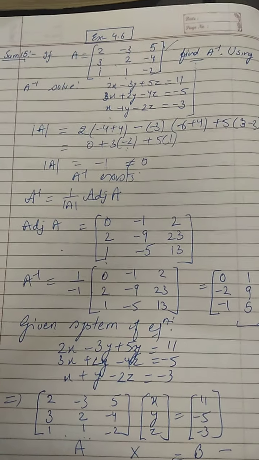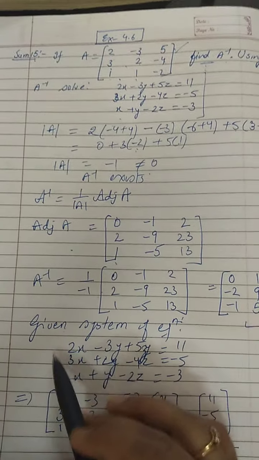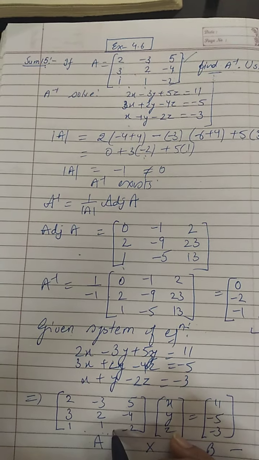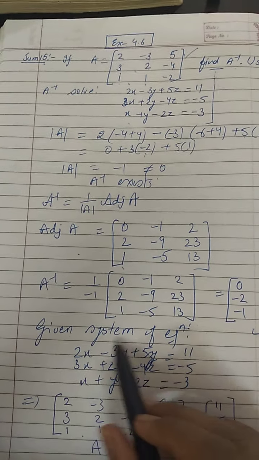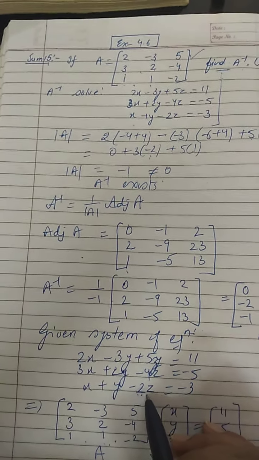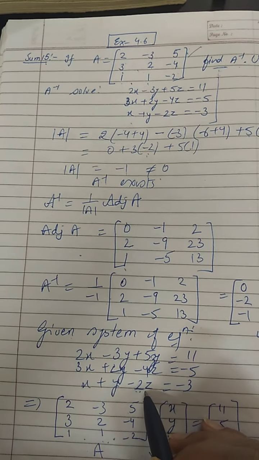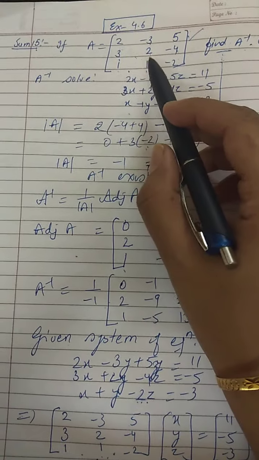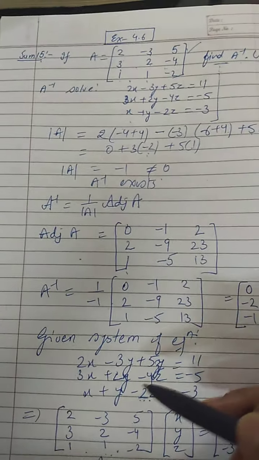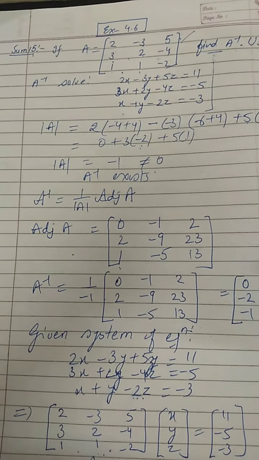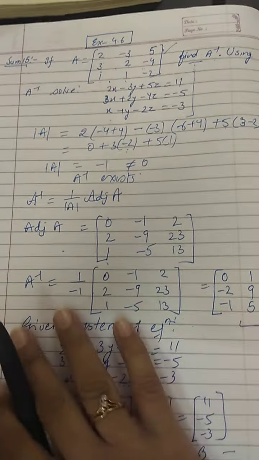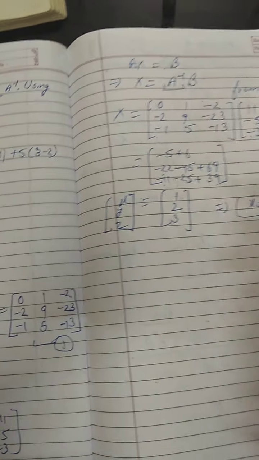It can go the other way also. Here we are writing the coefficient matrix, and it is coming the same. Sometimes when we write the coefficient matrix of the given system of equations, it can even be the transpose of the given A, and we will do the same thing. We can solve it by the same method, and this is how the sum will be done.